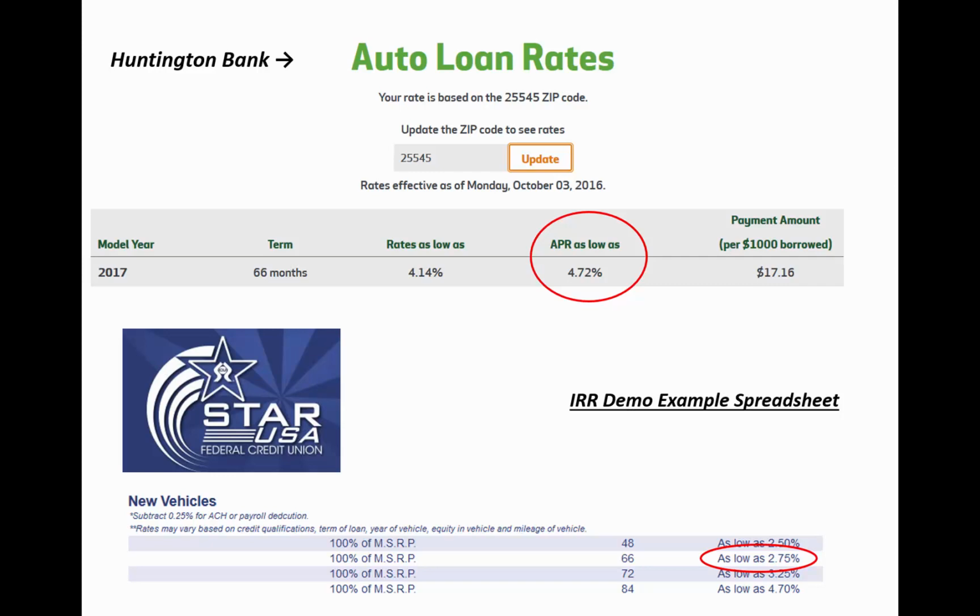So we're going to look at the implications. If you have a high interest rate versus a low interest rate, what is that going to do to the profitability of a project, and whether it's even feasible to undertake an example purchase.